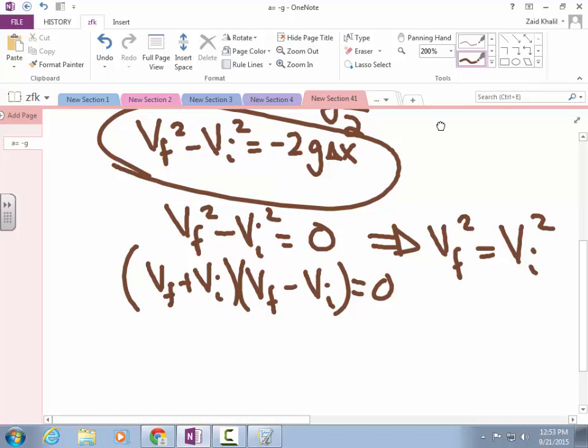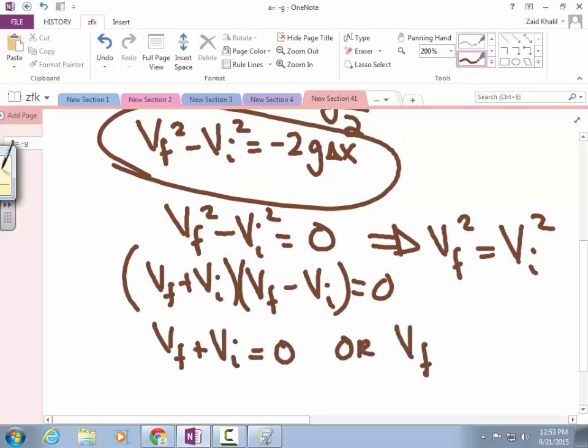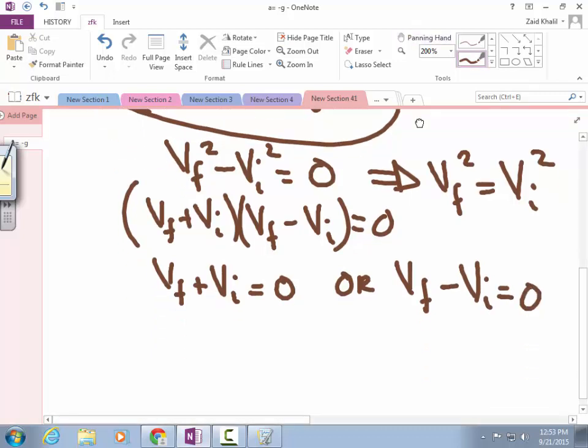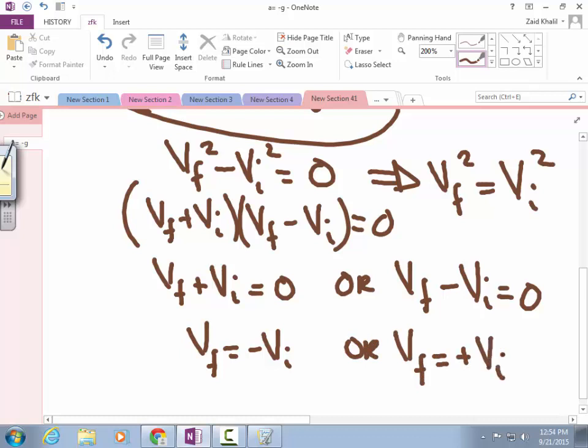So this implies that Vf plus Vi equals 0 or Vf minus Vi equals 0, which means that the two solutions are Vf equals negative Vi or Vf equals positive Vi. Which solution is not physically possible? Vf equals plus Vi. So we rule out that solution based upon physical reality. This is not a physically reasonable solution.